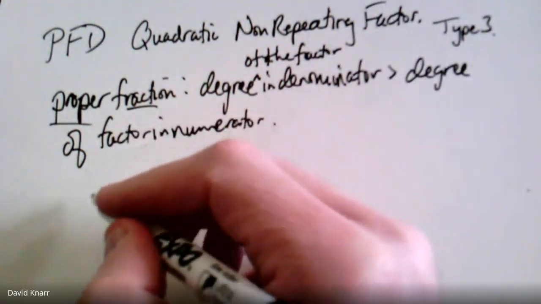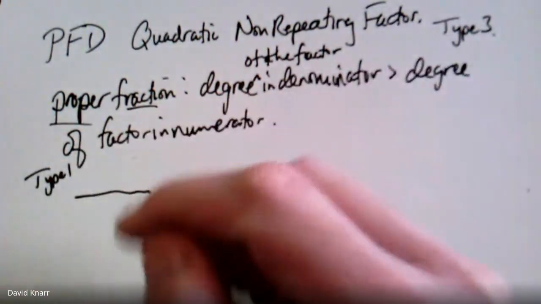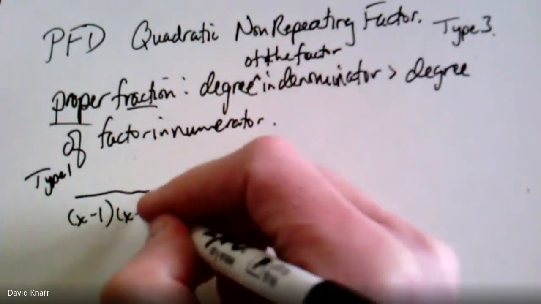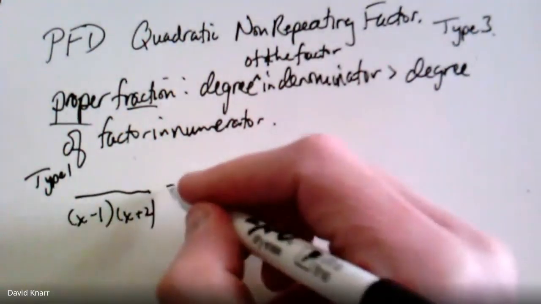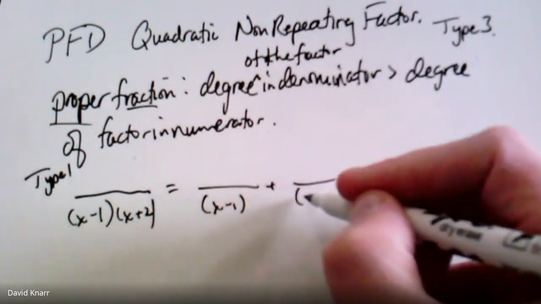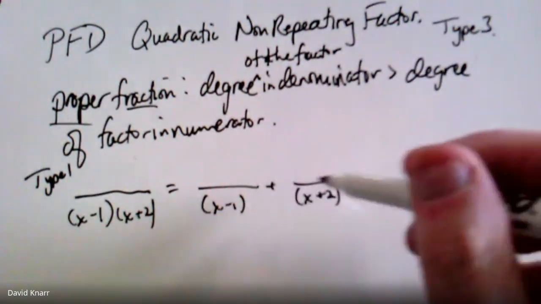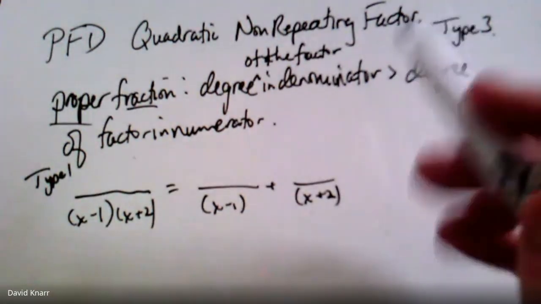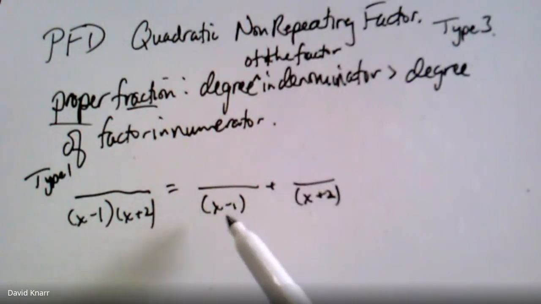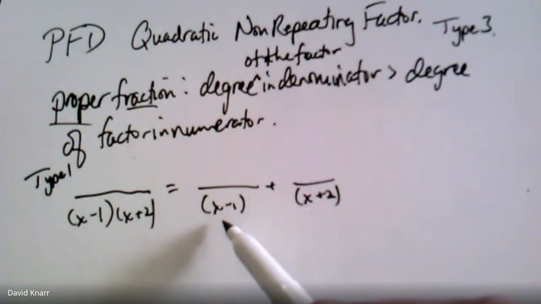Let me remind you. In type 1, we had fractions that look like this, and we wanted to decomp them. So we pulled them apart. We wrote 1 with an x minus 1 and 1 with an x plus 2. And then we put an a and a b on the top. We decided that there was an a and b on top because of the factor in the denominator. This factor is a linear factor.